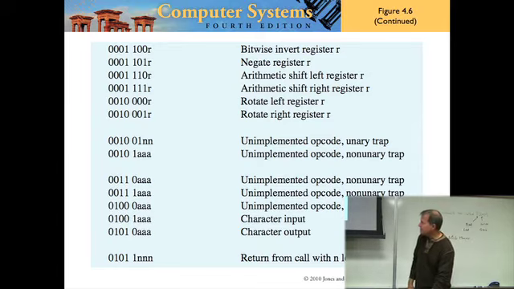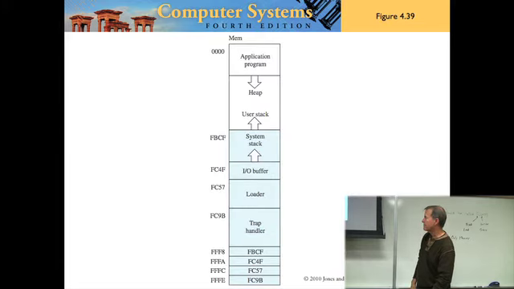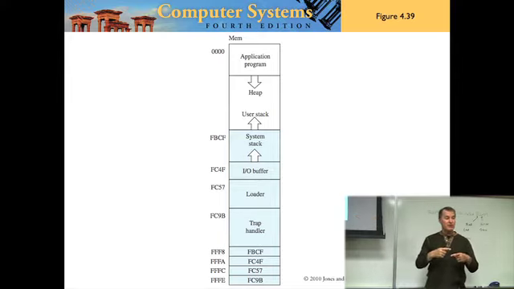So to go back to this memory map, when that opcode executes, it jumps down to the trap handler in the operating system, and the operating system takes over. It's kind of like a function call, but it's an automatic function call in the hardware, and then the operating system provides a service.